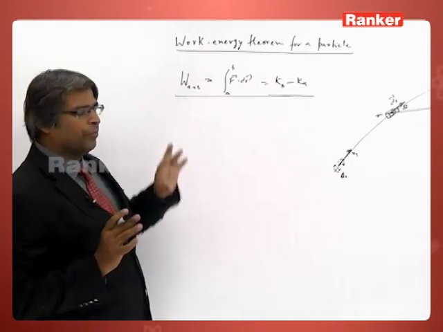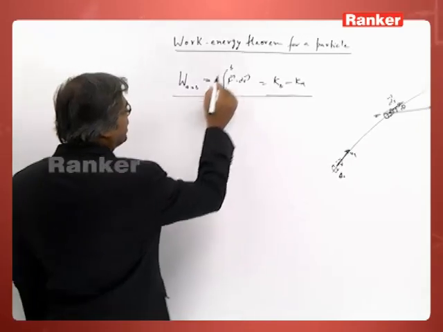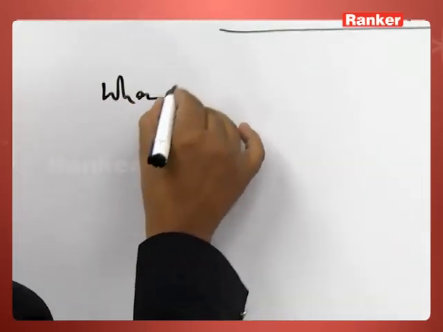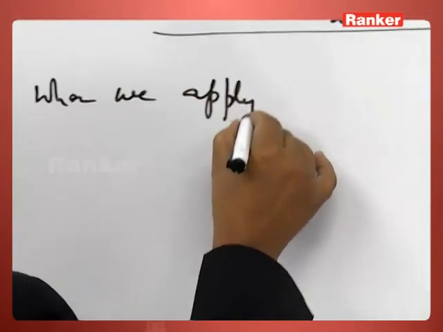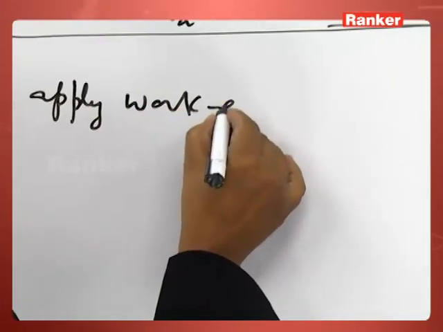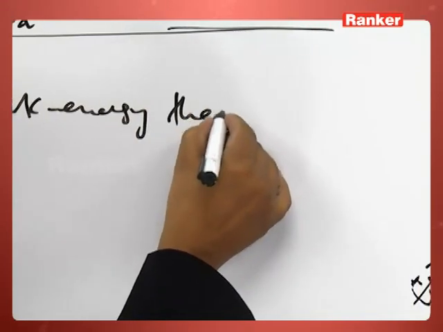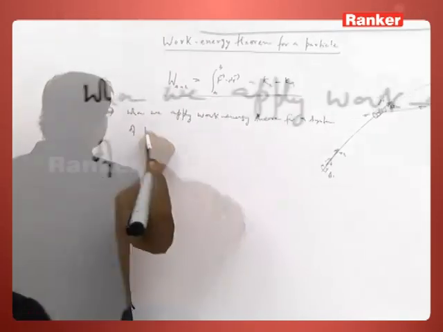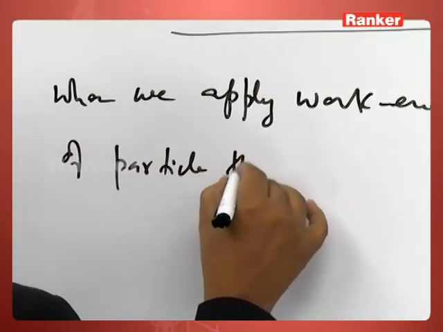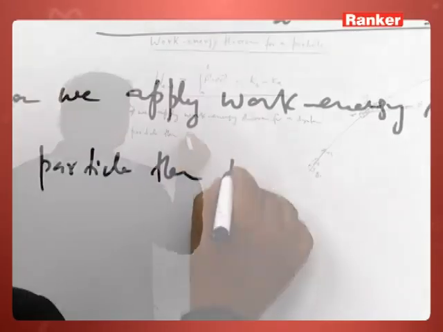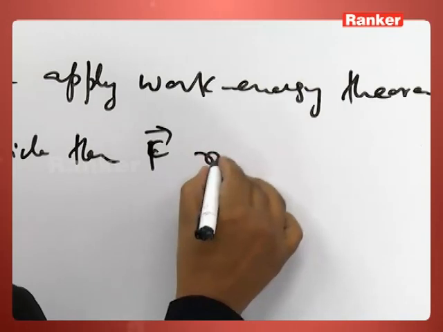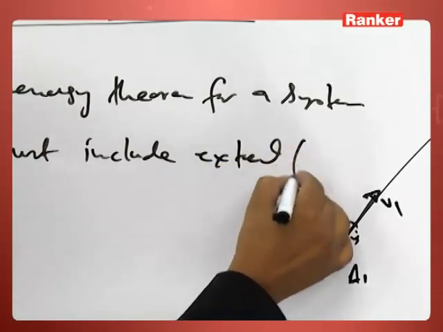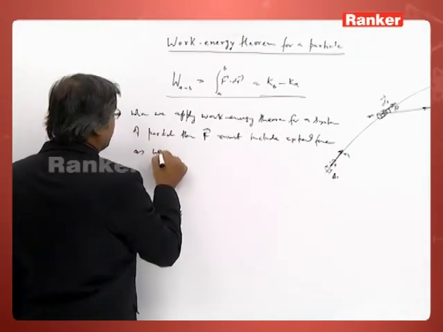So now here this F, since I have derived this for a particle which can't have internal forces, so when we apply work energy theorem for a system of particles, then F must include external force as well as internal force.